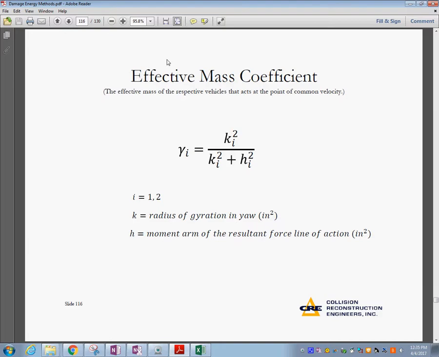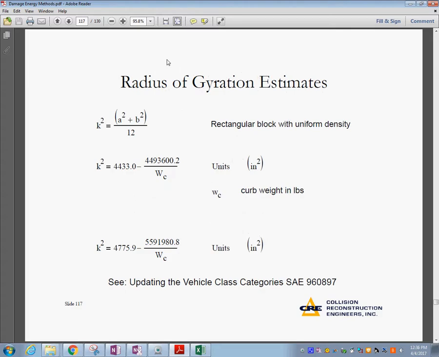There is an effective mass coefficient that takes care of the radius of gyration, using the radius of gyration and the moment arm of the resulting force to the line of action, and calculating the radius of gyration by a squared plus b squared over 12, for a rectangular shaped vehicle.